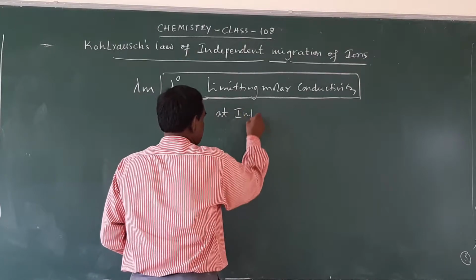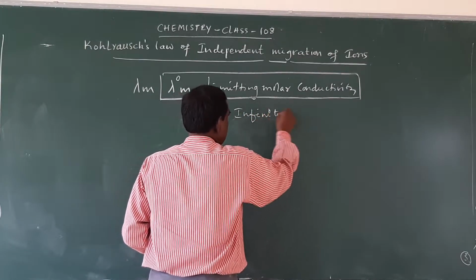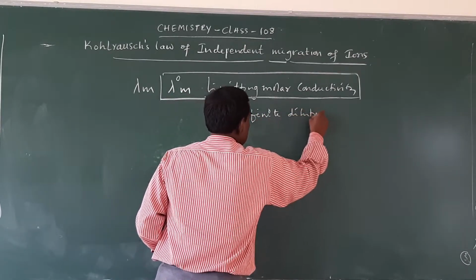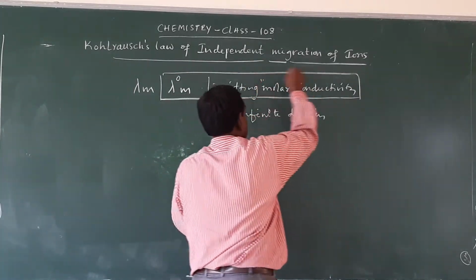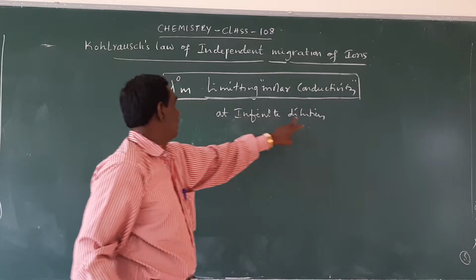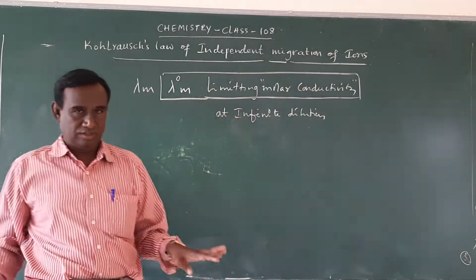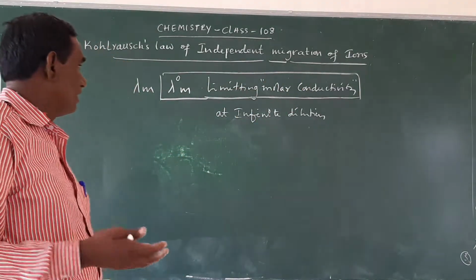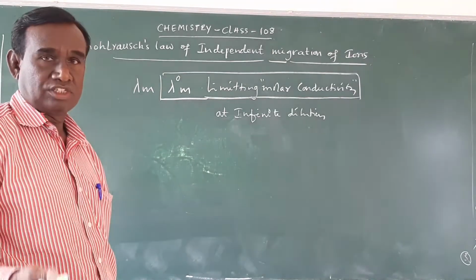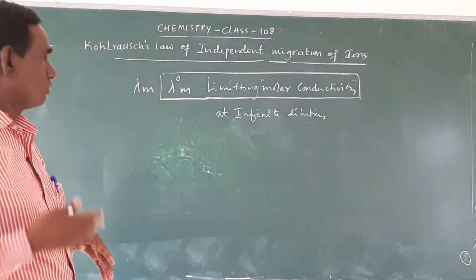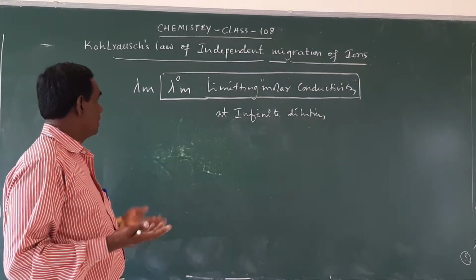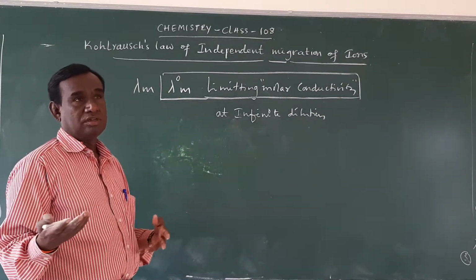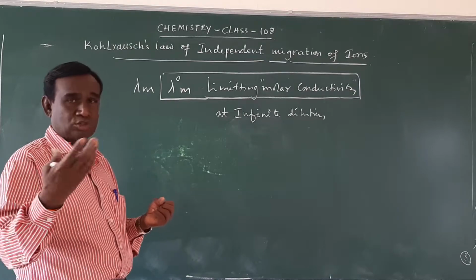Molar conductivity at infinite dilution is called the limiting molar conductivity. That means when the dilution is increased to a large extent, that is, at infinite dilution, the lambda naught value comes to its least.